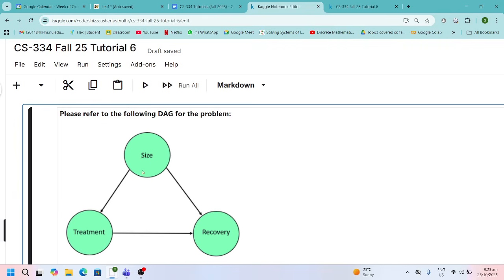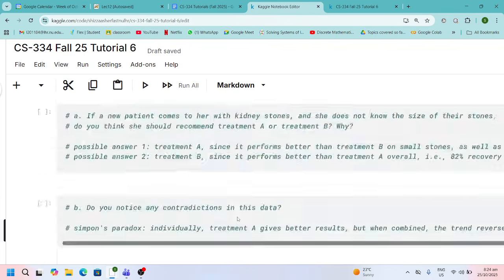So size is a confounder. When this happens, the problem is that when I'm trying to measure the effect of treatment on recovery, I am not able to isolate it just by looking at my data, because if I observe recovery, I cannot be certain whether it is only because of the treatment or because of the size of stones.